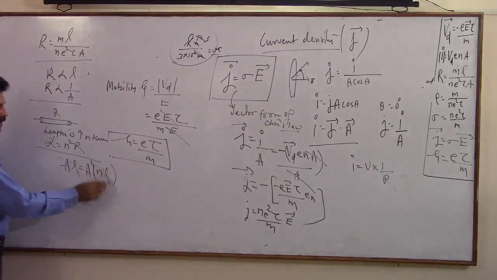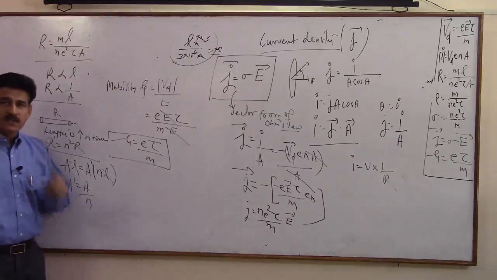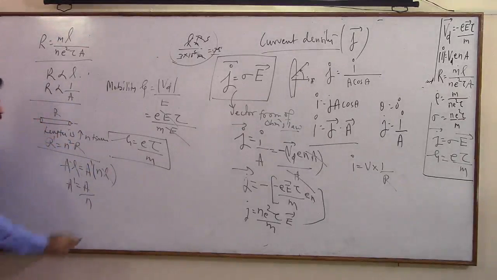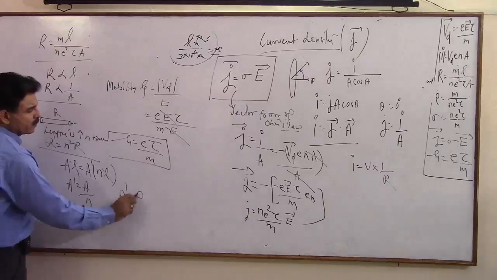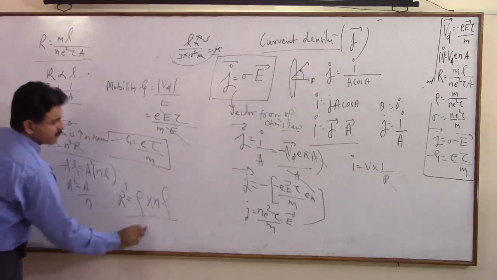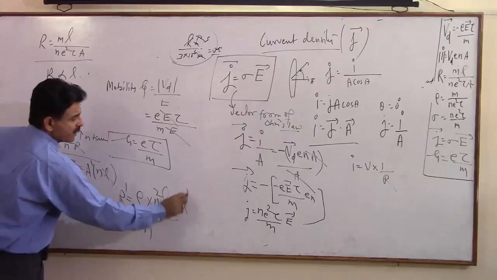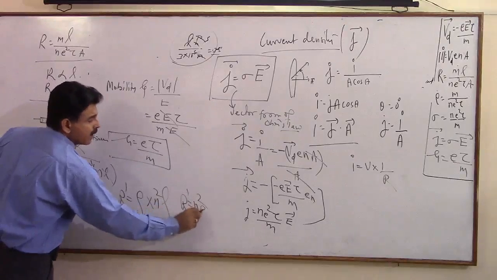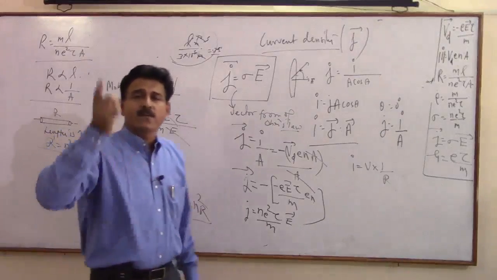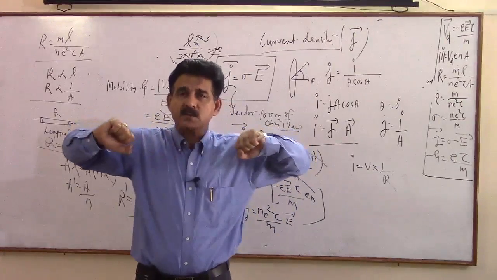So L I can cancel with L, and the new area will be A divided by N. So the increase in length has actually reduced the area by a factor of N. And the new resistance R prime, rho remains the same, L has become N L, and area has become A by N. So this whole term gives N square. So R prime is equal to N square R. Please pay attention to the last word that I am saying. Nothing will change with resistivity. You pull a wire, make it N times.